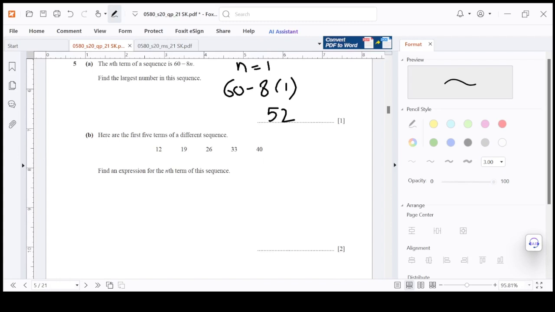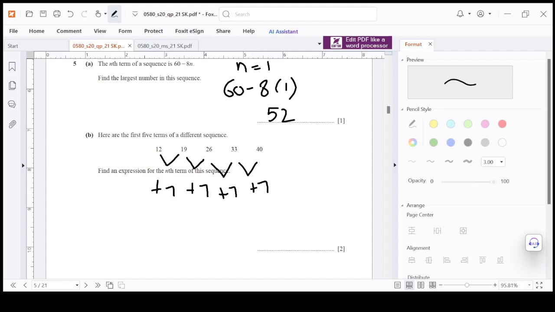Okay. Here are the first 5 terms of a different sequence. Find an expression for the nth term of the sequence. Okay, so let's see what's going on here. This would be plus 7, this would be plus 7, this is also plus 7, and this is also plus 7.